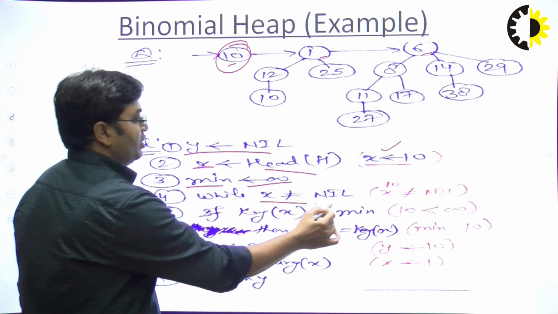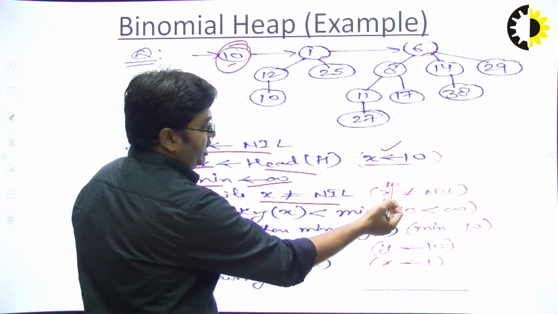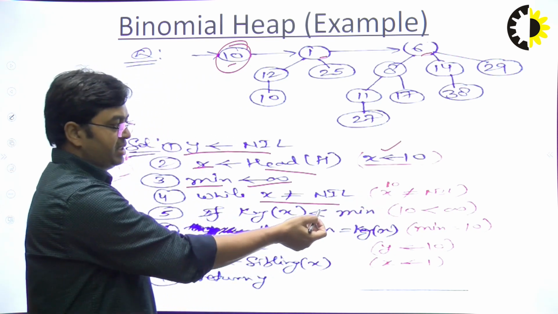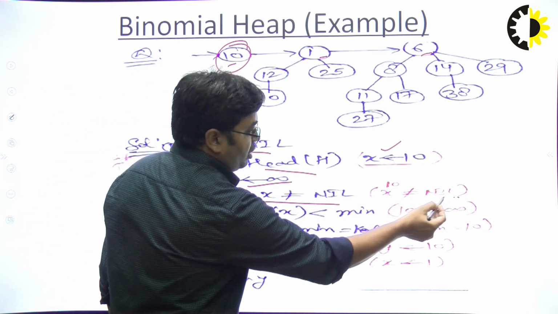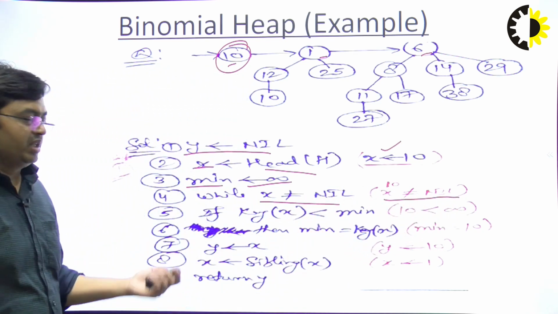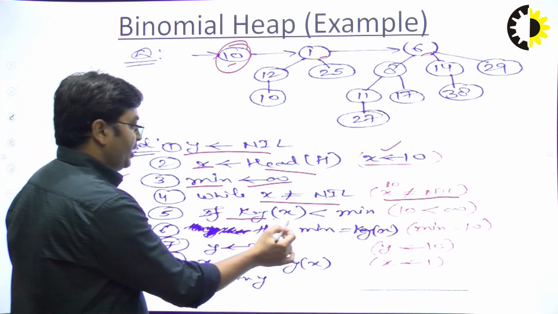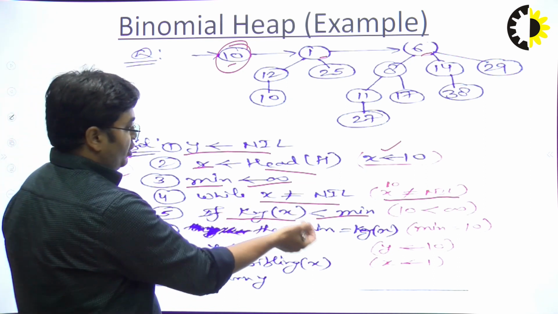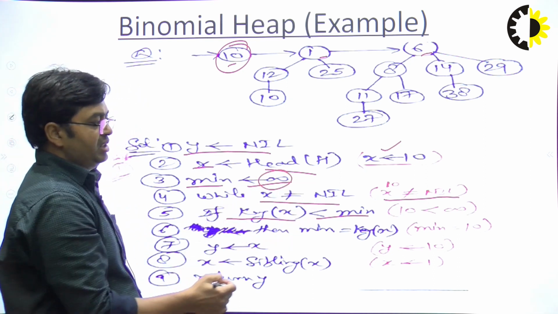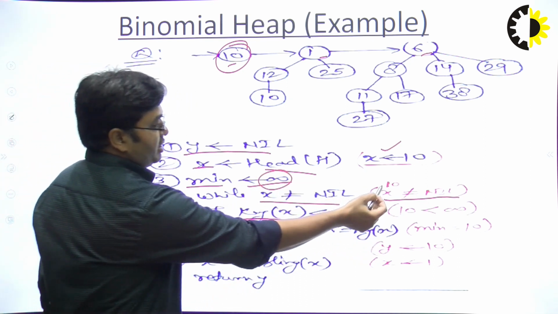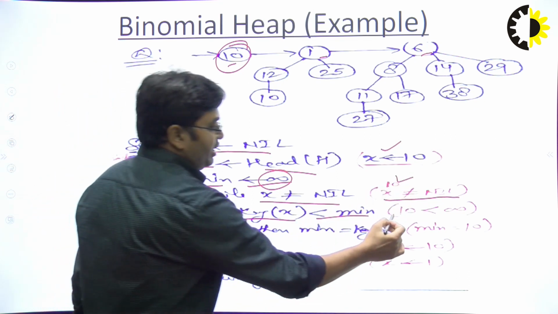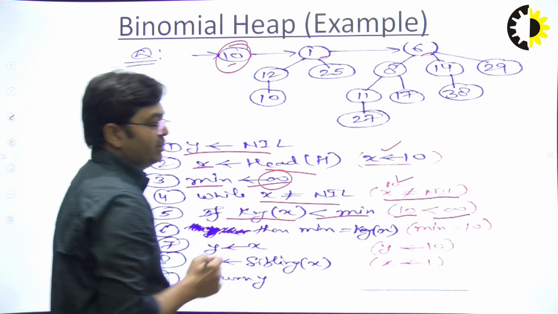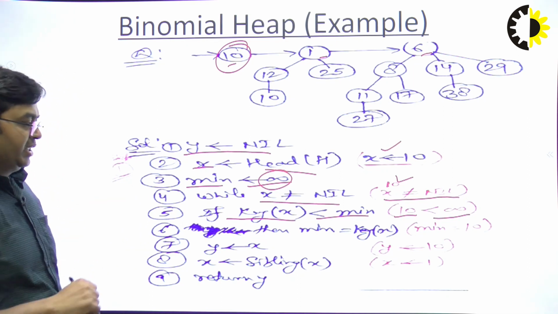While x is not equal to null: the value of x is 10, which is not equal to nil. If key of x is less than minimum, what is the value of minimum? The value of minimum is infinity, and the value of x is 10. 10 is less than infinity.